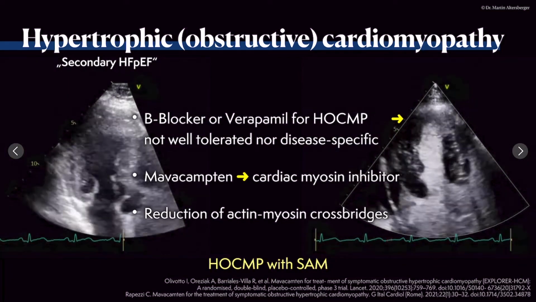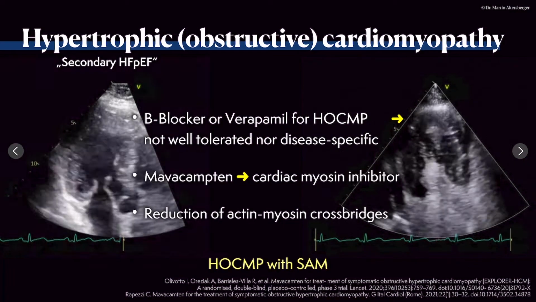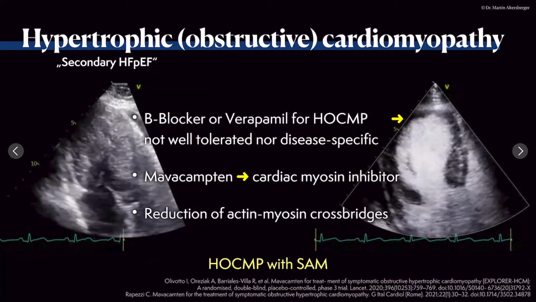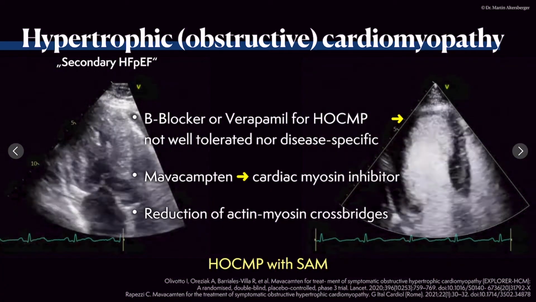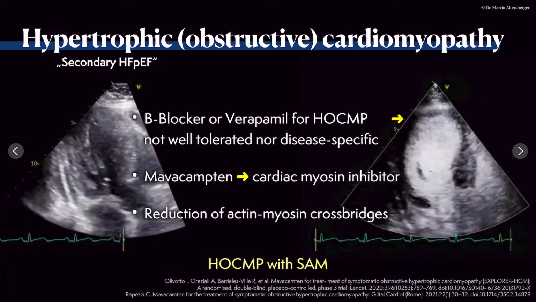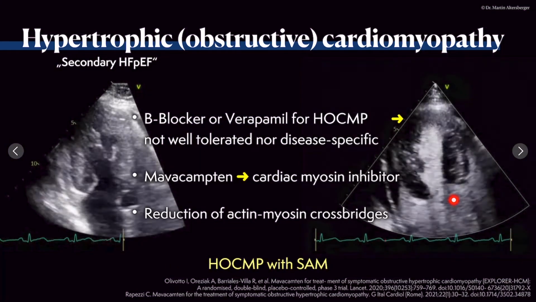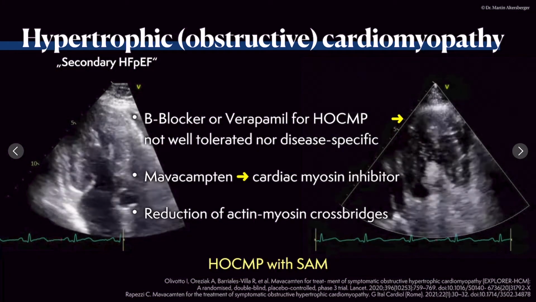So a systolic anterior movement or motion of the anterior mitral valve leaflet, which causes an LVOT obstruction or possible LVOT obstruction, and also possibly mitral regurgitation. You can see it with contrast that truly the LVOT gets blocked by the anterior mitral valve leaflet, so this SAM phenomenon.